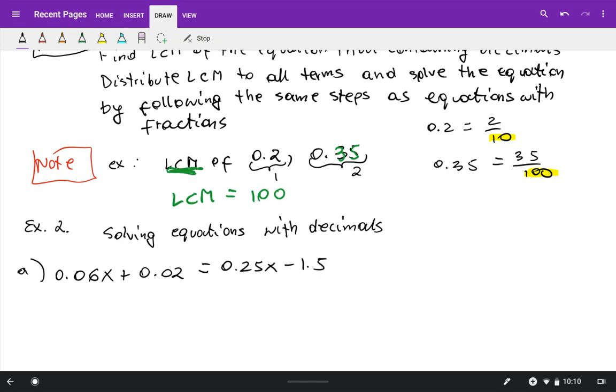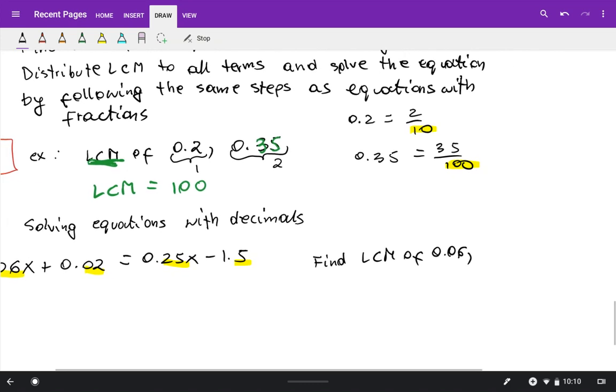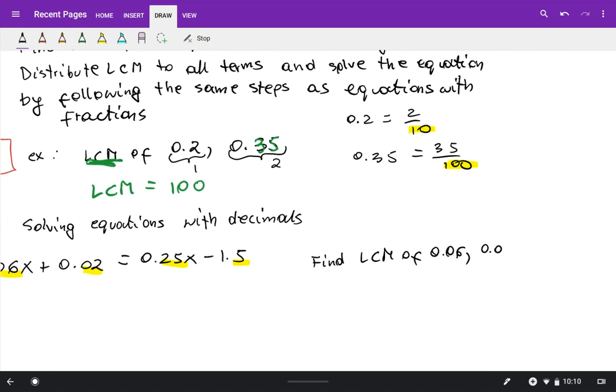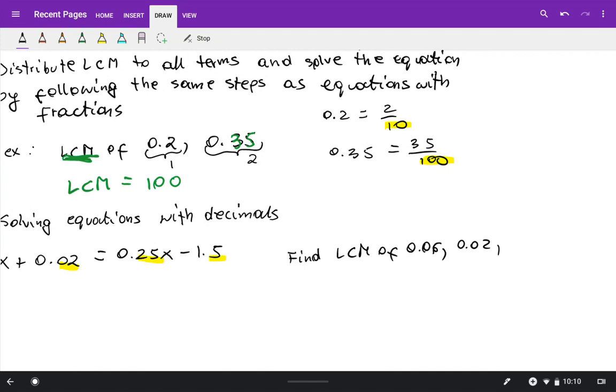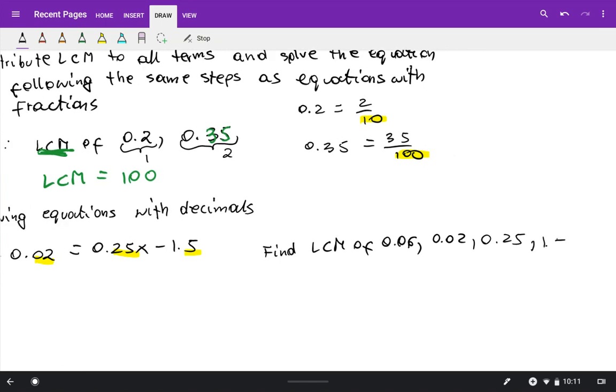minus 1.5. So first what I need to do is find the LCM of my decimals, okay? So find the LCM of 0.06, 0.02, 0.25, and 1.5.